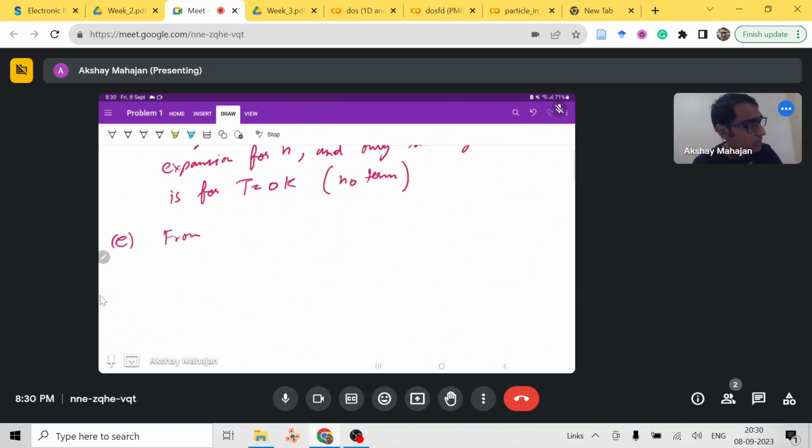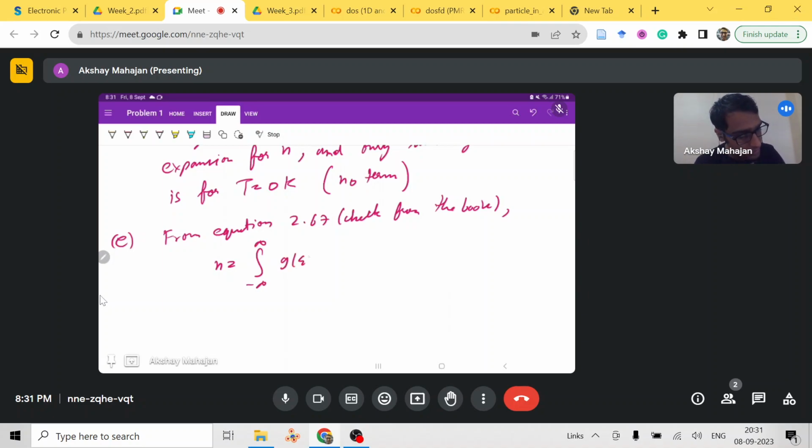Now from equation 2.67, which you can check from the book, this n is the integral from minus infinity to infinity of g of epsilon f of epsilon d epsilon.